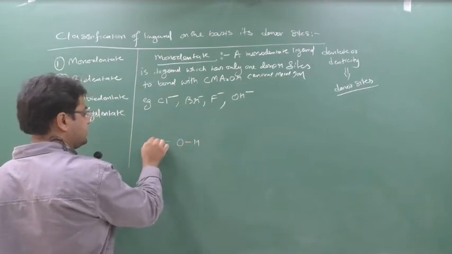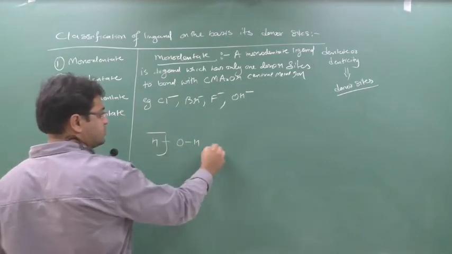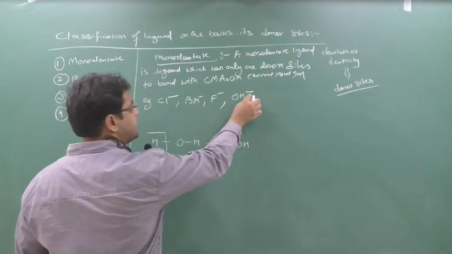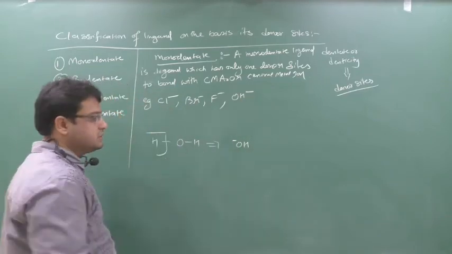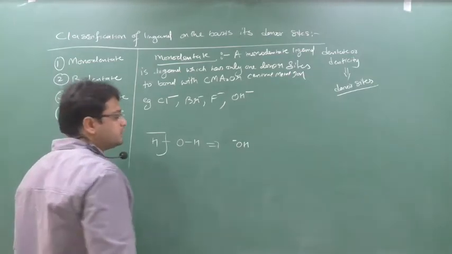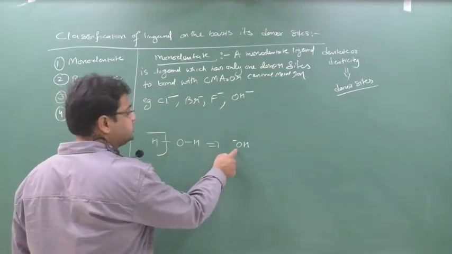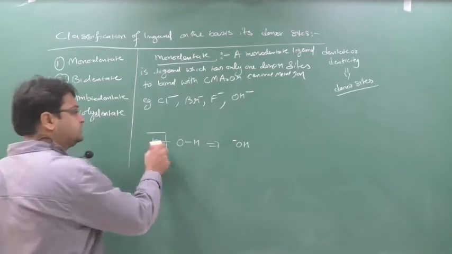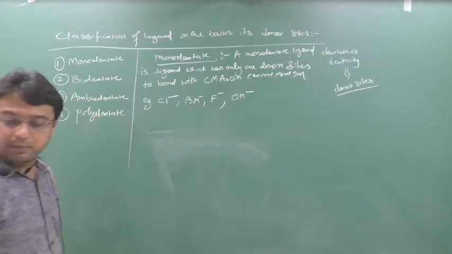See this OH minus, how is it formed? There is OH and here H. So this H is breaking, and it converts into OH minus. So actually the minus charge is on the oxygen, not on the hydrogen. So this oxygen will donate its lone pair. Hydrogen cannot donate, only oxygen can donate, because hydrogen is bonded with oxygen.